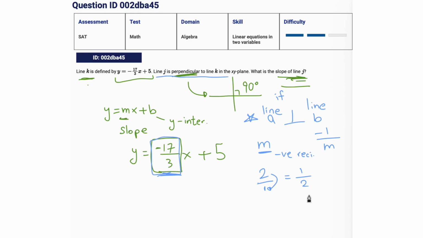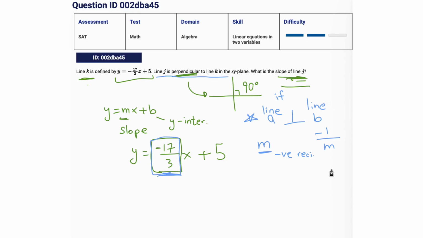Let's take another example. If the slope of line A is 5 over 4, the slope of line B, if they're perpendicular to each other, should be equal to, first of all, the reciprocal, and then the negative reciprocal, so that will be negative 4 over 5. Let's try from this side now.